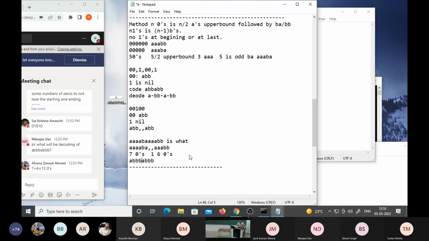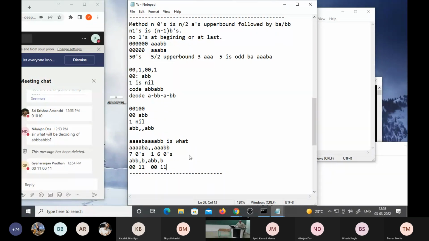This will be ABB, then ABB, then B. ABB is 0 0. This B is 1 1. This ABB is 0 0. This B is 1 1. Is it correct? Yes.